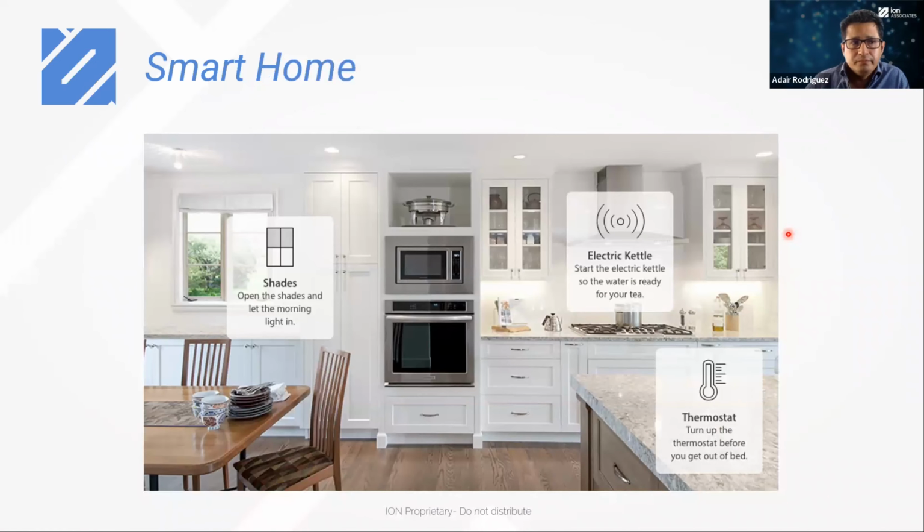For smart home, the first application that comes to my mind is a washing machine, for example, that receives specific commands to turn on and start the washing process. Also, we have the thermostat, the shades, maybe a kitchen hood, for example, that turns on just by a voice command.